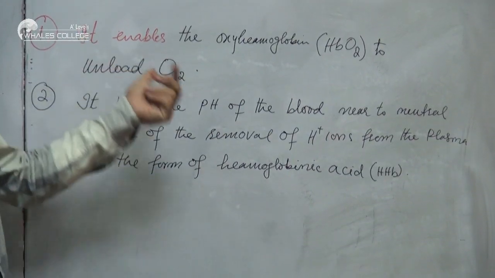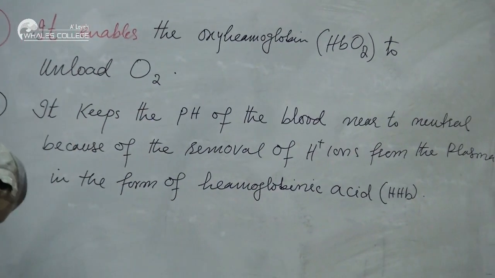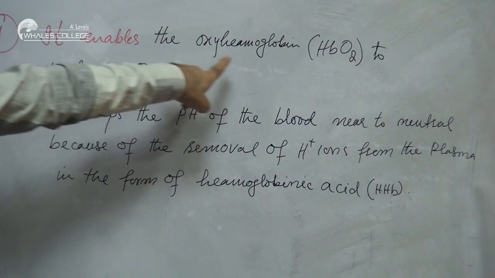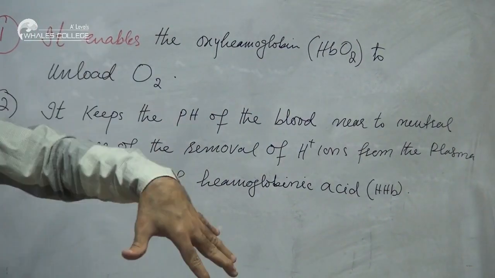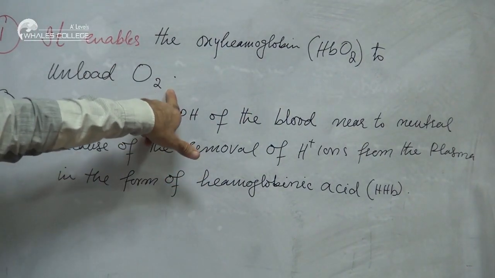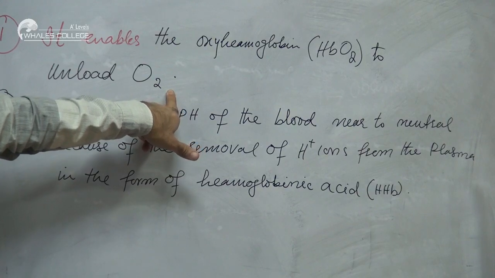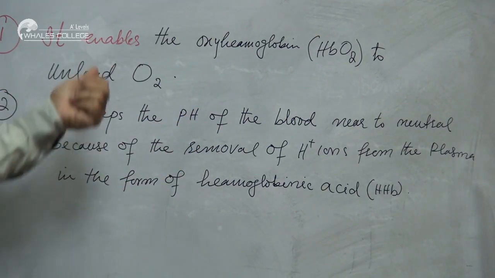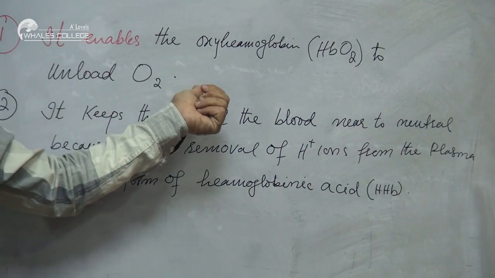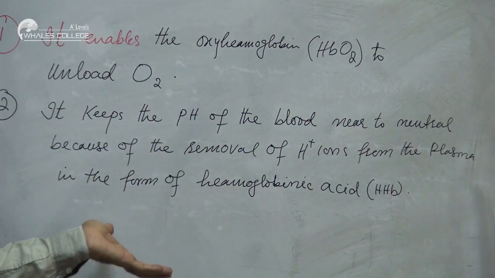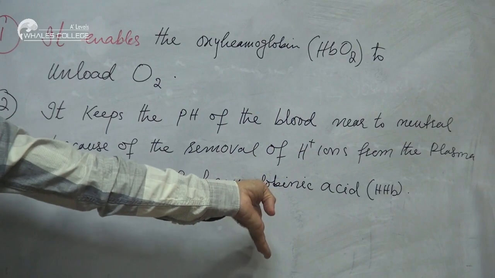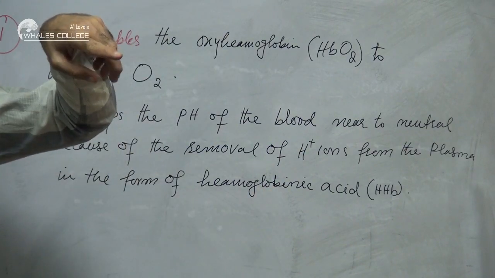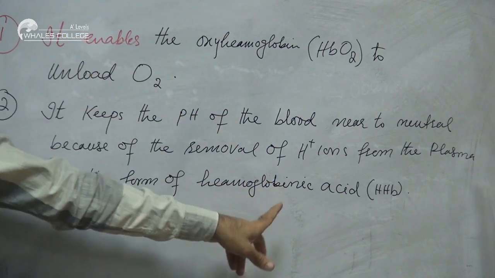So these are the two important consequences of this reaction. It enables the oxyhemoglobin to unload oxygen, and this is the demand in the respiring tissue, because respiring tissues frequently need oxygen for respiration. Hemoglobin easily unloads oxygen in the presence of H plus ions, and carbon dioxide is basically responsible for the production of H plus ions.